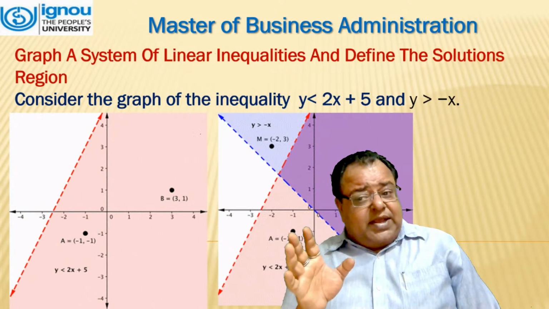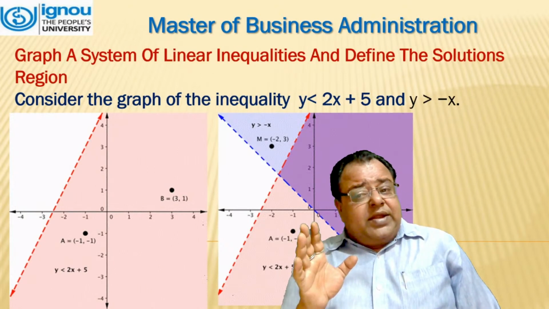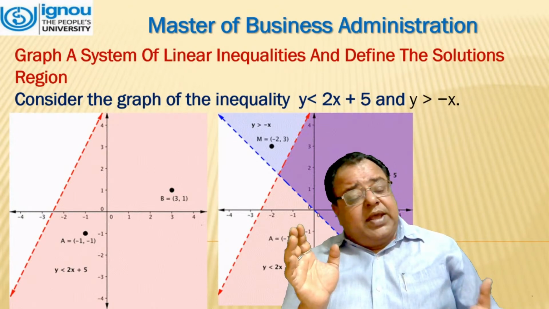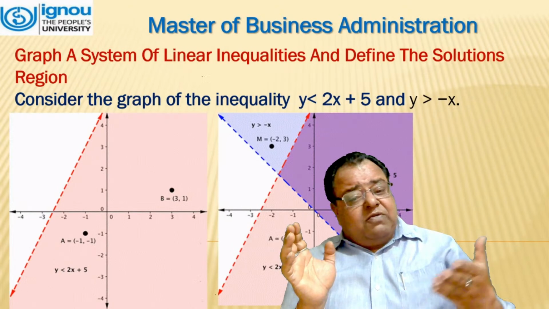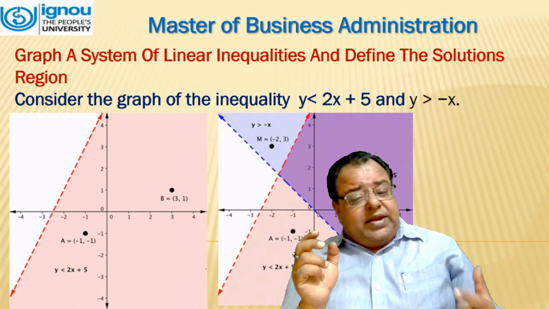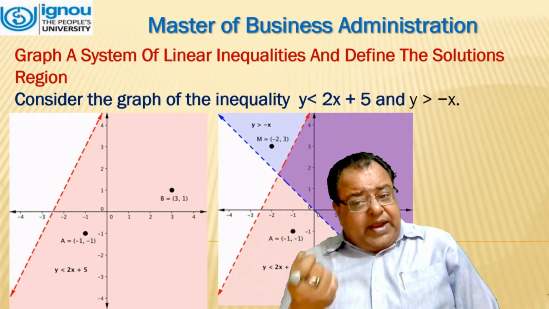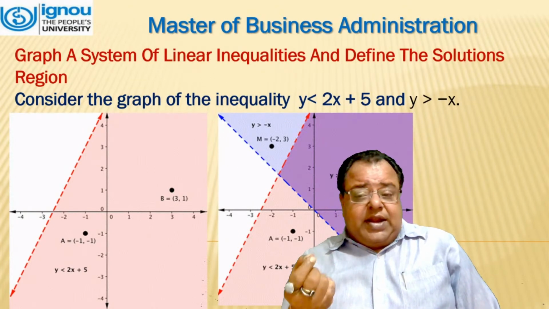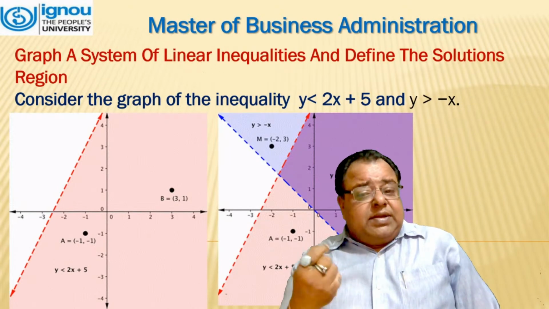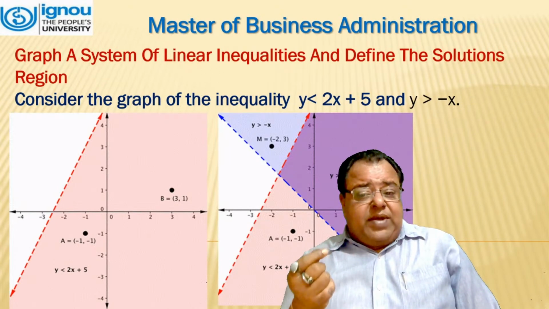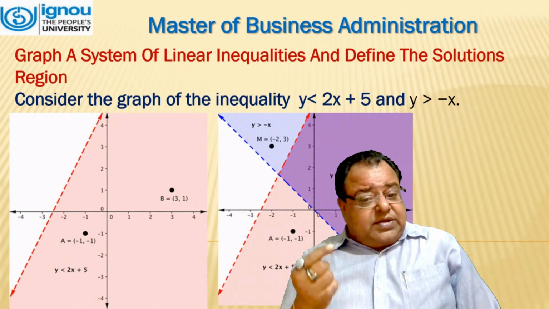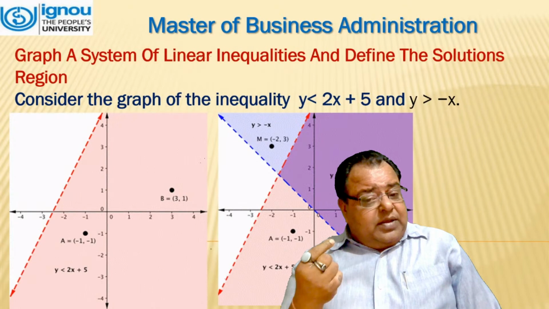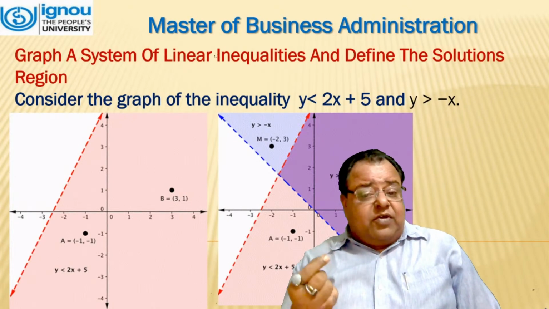Since here in this problem it is y greater than minus x, it will be a line inclined towards the left side. The blue line is the line for the inequation y greater than minus x. Similarly, for y less than 2x plus 5, this red line is the graph for the equation.